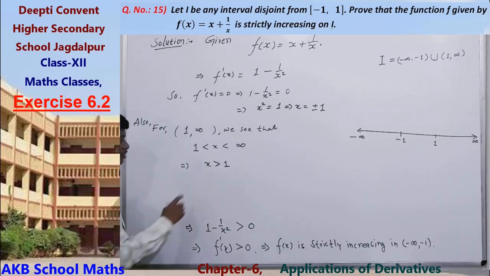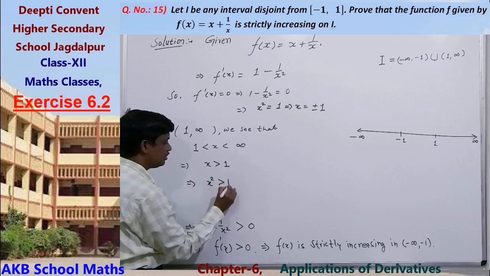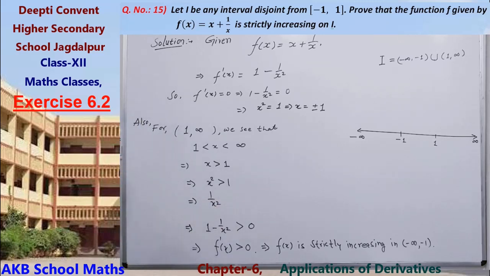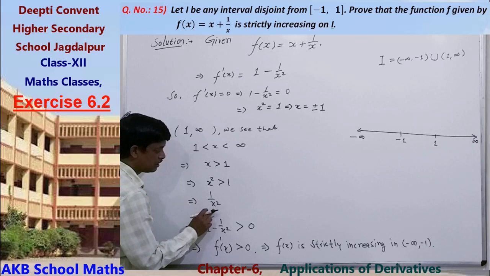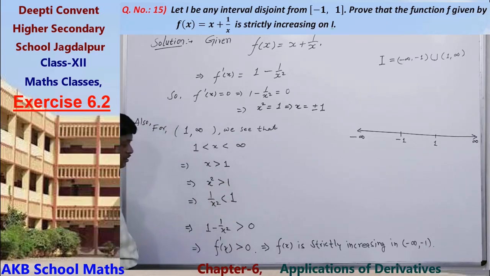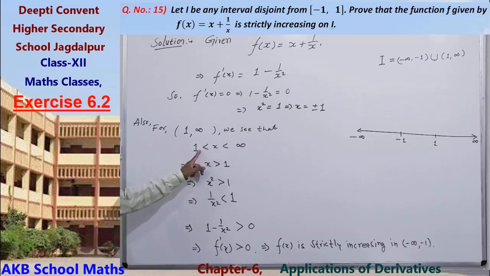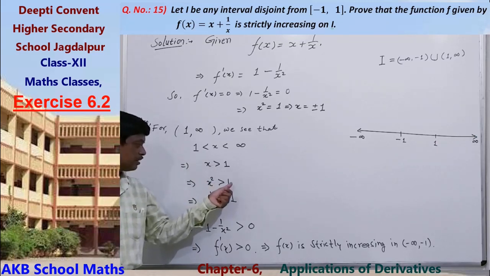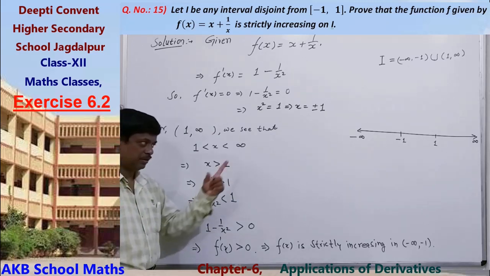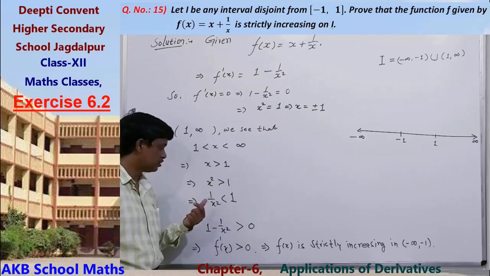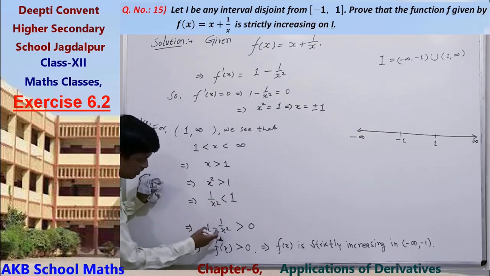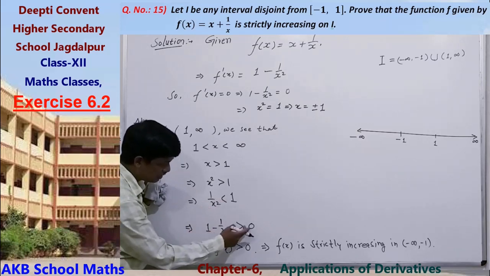So inverting, 1/x² < 1, and 1 - 1/x² > 0.